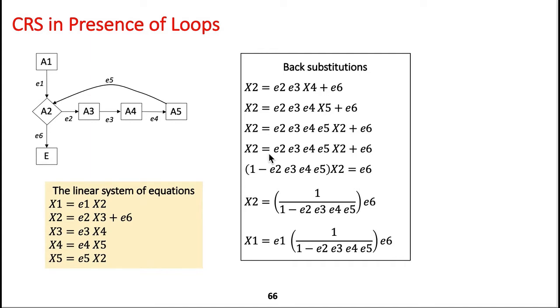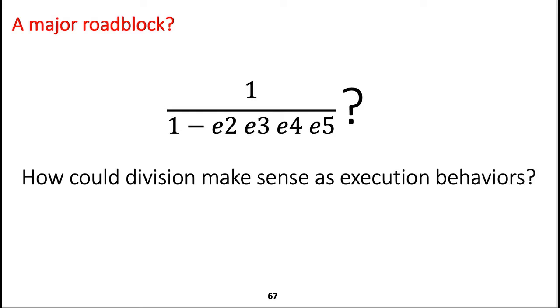And so how do we make sense of a division where the program statement is in the denominator? How do we get a sequence of program statements? So this is something that became a major roadblock as I was working on this algebra. How do we make sense out of division?